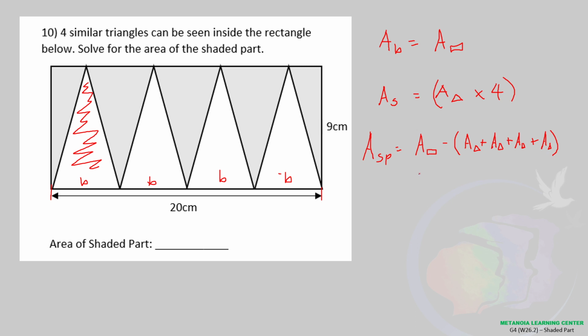So first, add all these 4. Once you get that, all you need to do is subtract the answer from the area of the rectangle. I'll just write total here. Okay, total. And from there, you'll have the area of the shaded part. So that's basically it. I hope this illustration helps you on how to solve for these 3 items.